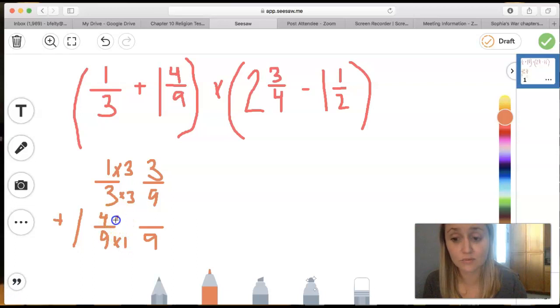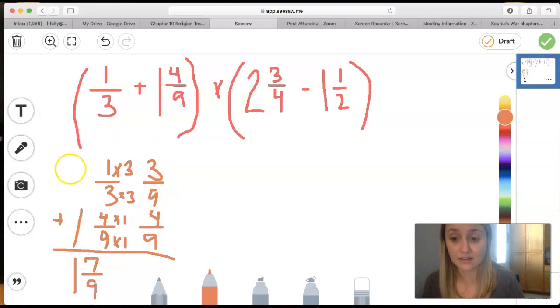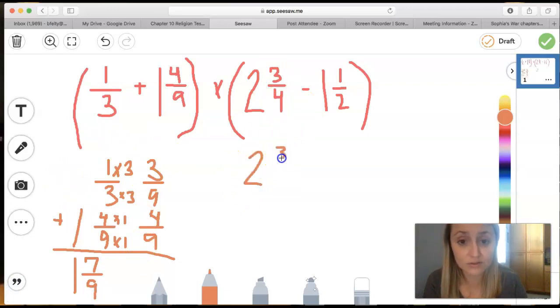It's going to be really good for you. It will really help you next year. Okay, so here, remember, since we're doing addition, it would just be 1 and 7/9. We don't have to worry about anything here because we're not subtracting. Now here, again, I'm going to do 2 and 3/4 minus 1 and 1/2.